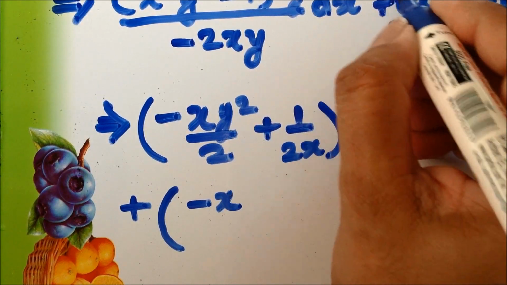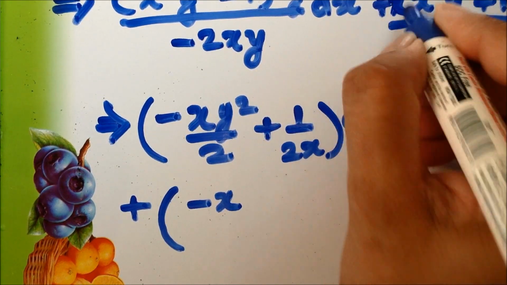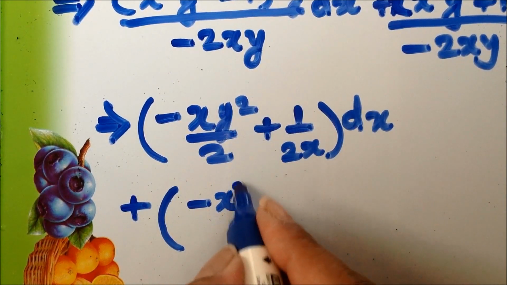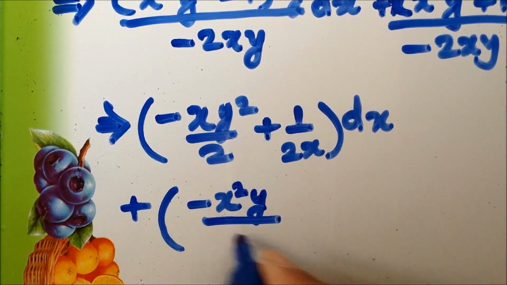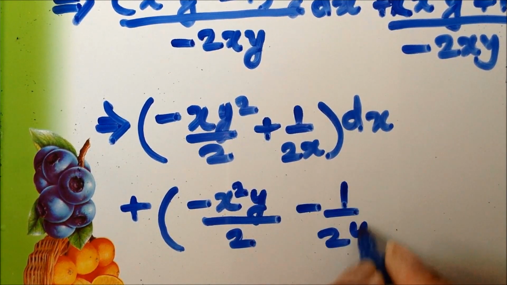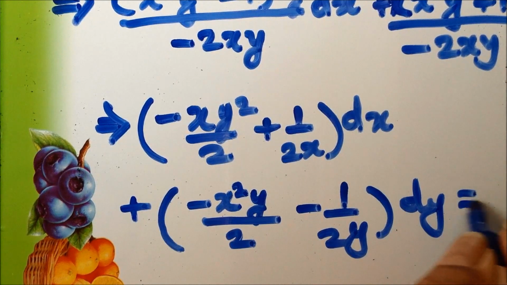Remember, over here x has been multiplied, so this is actually x cube. So minus x square y divided by 2 minus 1 upon 2y dy is equal to 0.